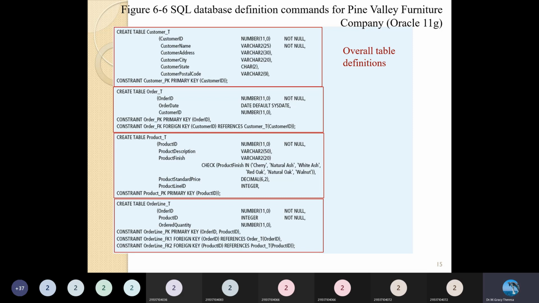So this is the snapshot. So customer ID must be not null, and customer name. So what are the steps we have discussed in creating a table?